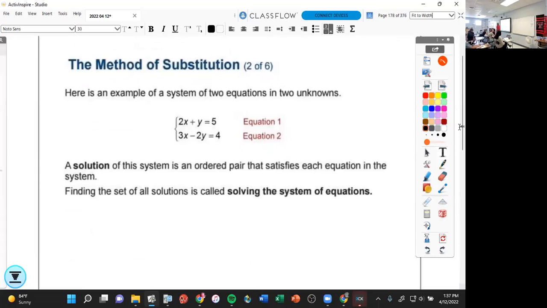To do this, we're going to solve the system of equations by substitution. Do y'all remember how I would write the word substitution? Side by side, right? We had the S and then BS, side by side.